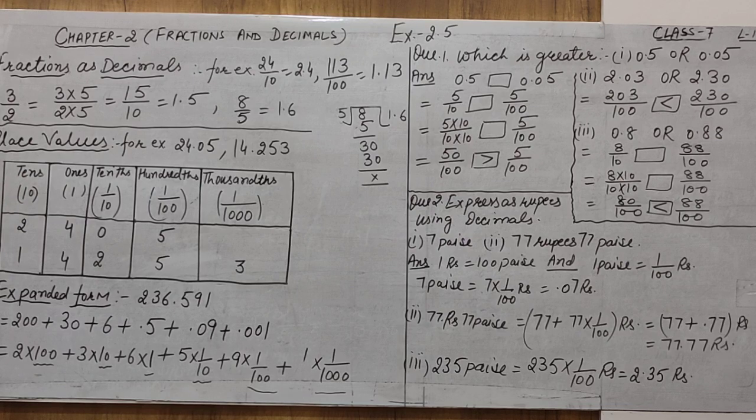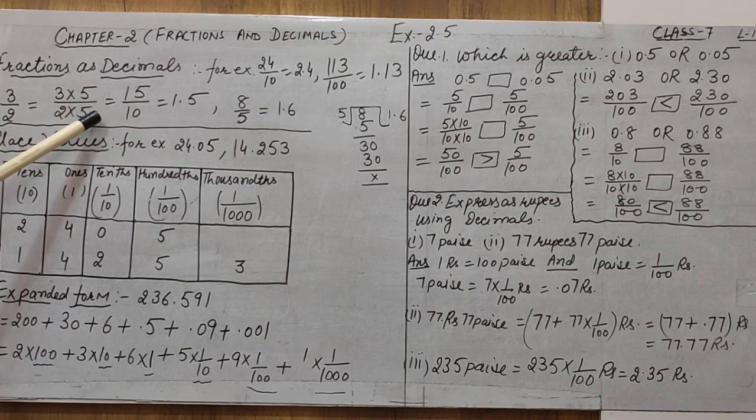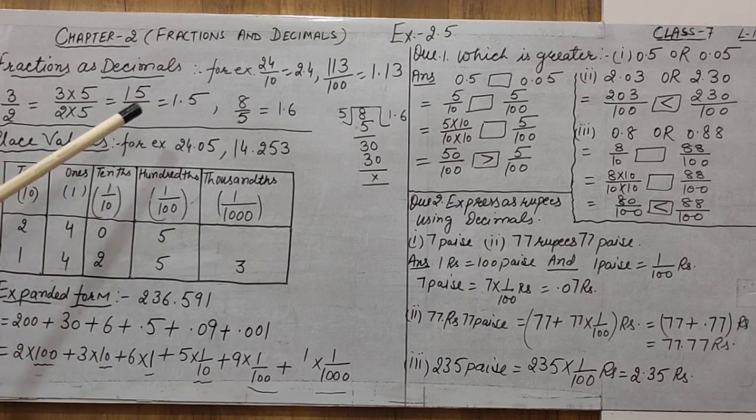We have to try to make the denominator 10 or 100 or such kinds of numbers from which decimal numbers are easily formed. 2 can be changed into 10 by multiplying with 5. When we multiply the denominator with 5, we have to multiply the numerator also with 5 to make 10 in the denominator. Try to make 10, 100, the complete values with zeros in the denominator, so that you can place a decimal easily.